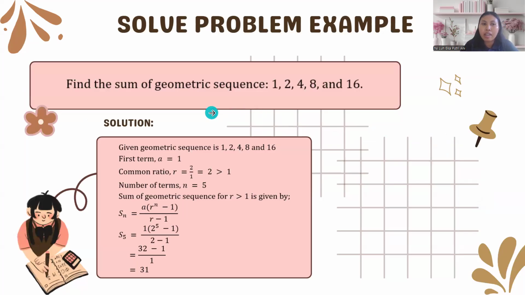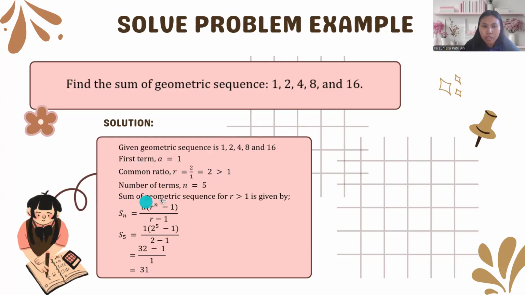For example, find the sum of the geometric sequence 1, 2, 4, 8, and 16. The given geometric sequence is 1, 2, 4, 8, 16. The first term is 1. The common ratio r is 2 over 1, which is 2, because 2 is greater than 1.